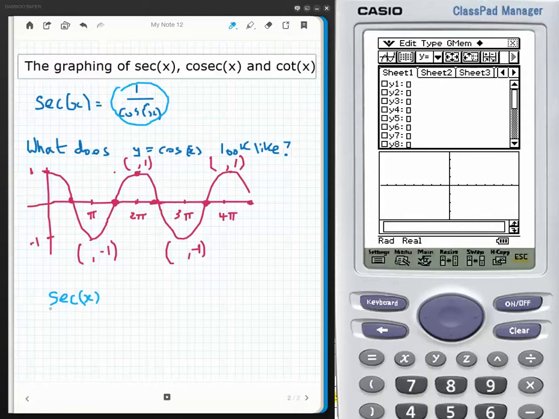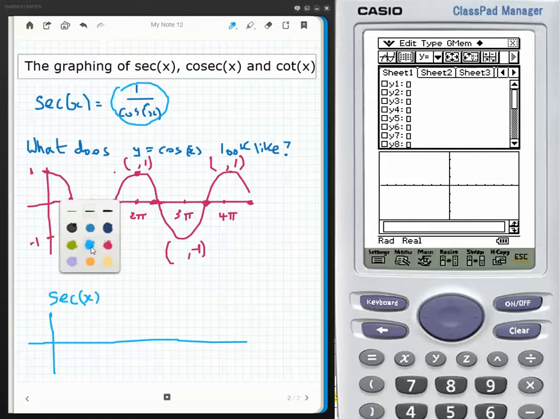So if I was to have a little look, at this point here, 1 on -1 is still -1, at pi, 2 pi, 3 pi, 4 pi.